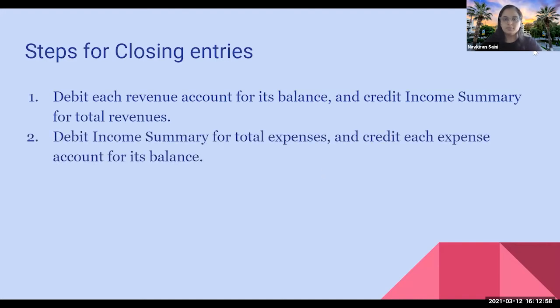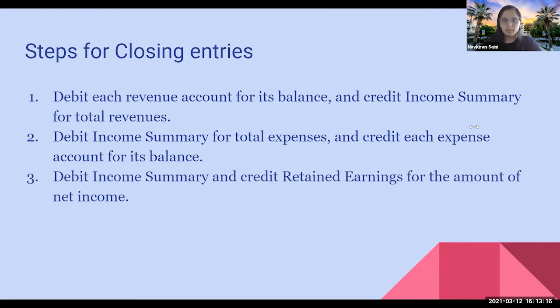The opposite treatment applies for expenses, where we credit each expense account and debit the income summary, because expenses have a normal debit balance. To close them, we credit them to zero out the balance. When we are done closing the revenues and expenses, we are either going to have more balance on the debit side or on the credit side.